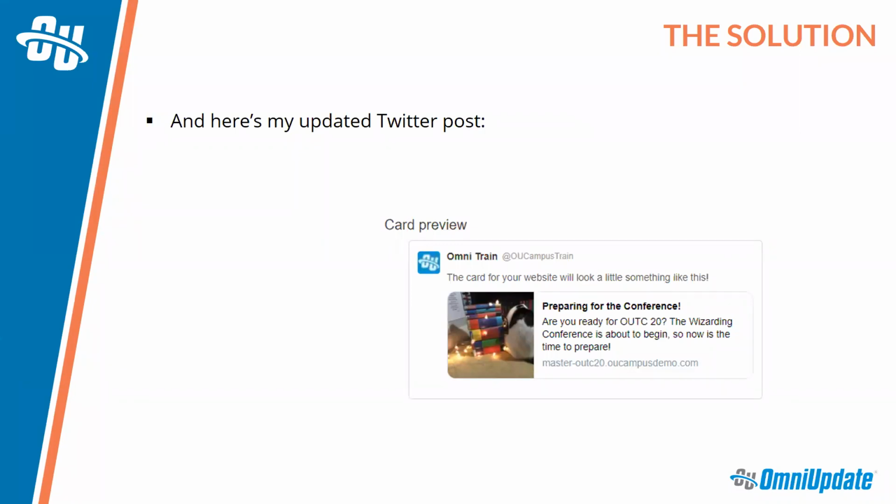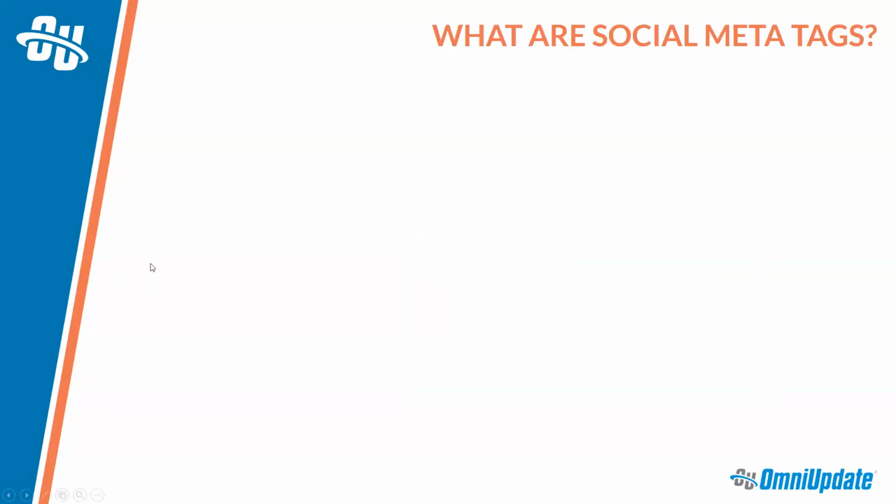And here's my Twitter post. That looks a lot better than just the simple link that could be to any website. This now has a splash of information, and it just looks a lot better, and ideally we'll get more people clicking on it. So let's talk about how we get that to work.